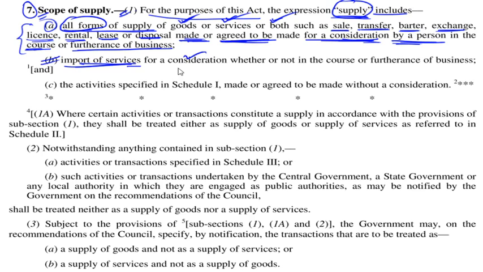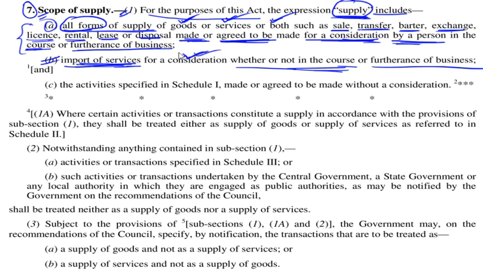Consideration can be in monetary terms, or it may be in kind, whether or not in the course or furtherance of business. That means it may be for personal purpose. So supply includes import of services which may be for business purpose or which may be for personal purpose also. But there should be consideration.